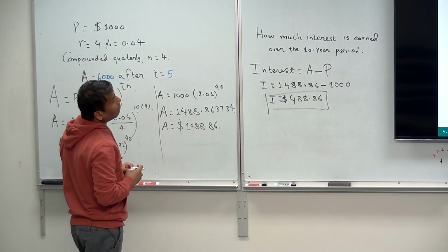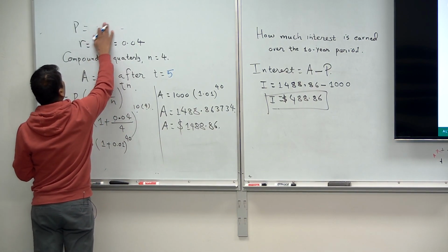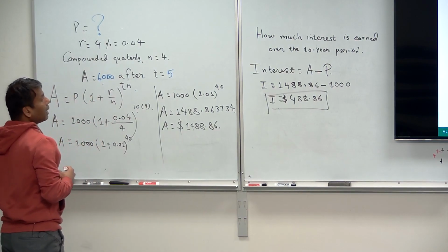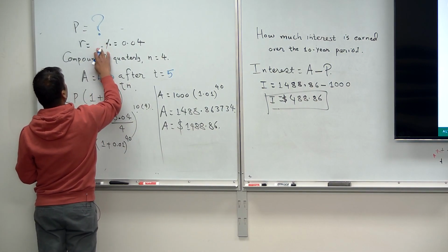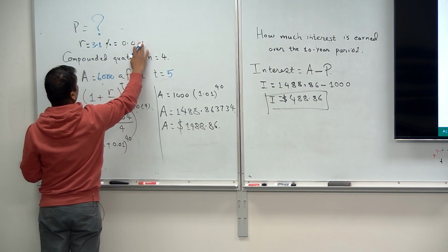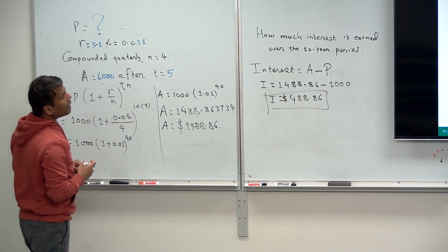And what amount deposited today? So P equals what? You need to find the value of P. The rate is 3.1%, so that means 0.031, right? Compounded annually.